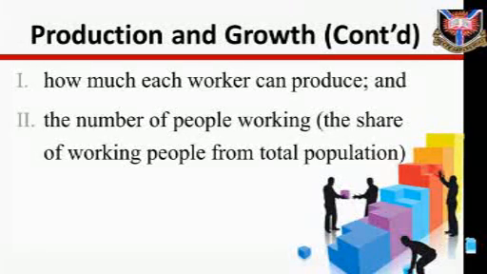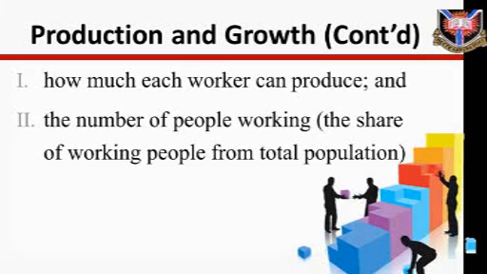The higher each worker can produce, the greater is GDP per person, and the more abundant goods and services are available for consumption. Also, the more people we have working in the economy, the more there will be goods and services available for consumption.